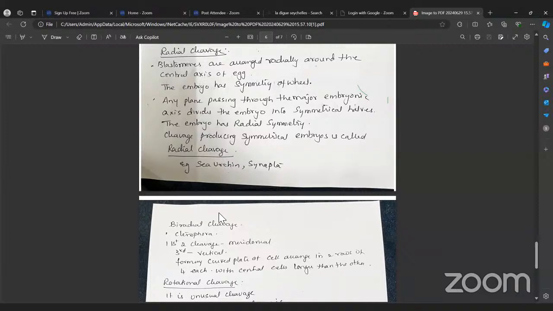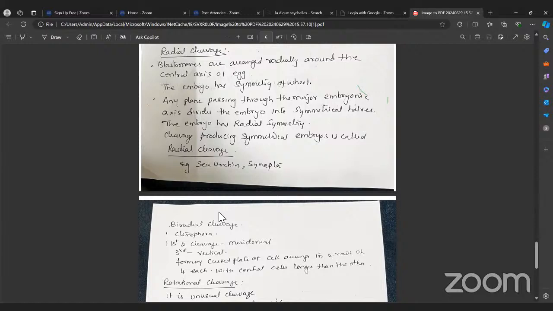And this equatorial cleavage is at right angle to the polar axis. What do you mean by right angle to the polar axis? That is in the center. Suppose there are 8 children. Mother doesn't want to give 8 equal longitudinal sections to the children. She wants to make it 4 and then divide it into 8 by putting a central division. At that time, you will get 8 equal portions, equatorial division.